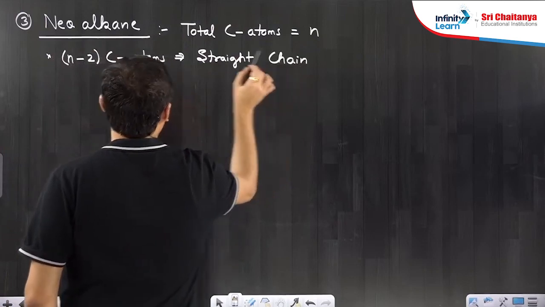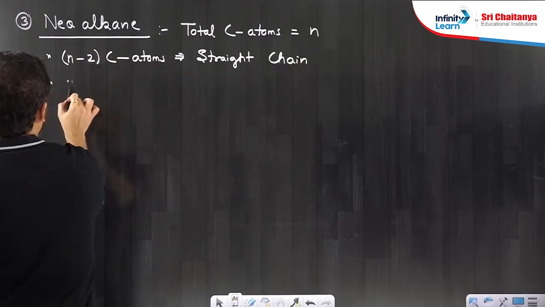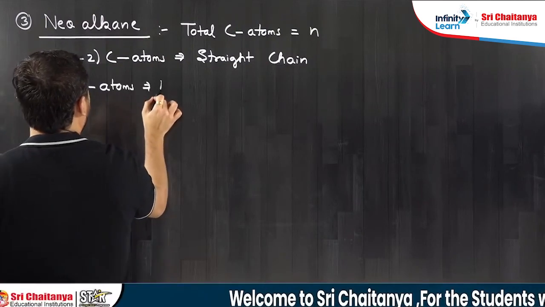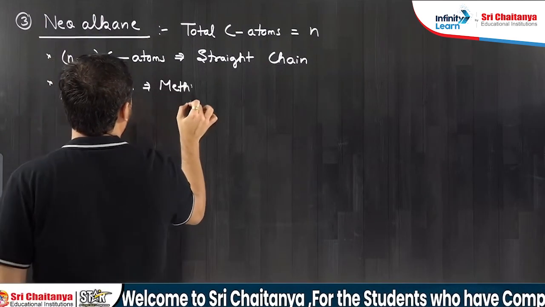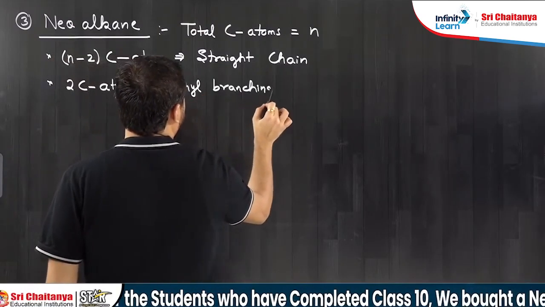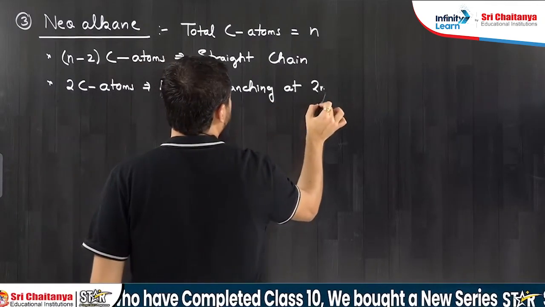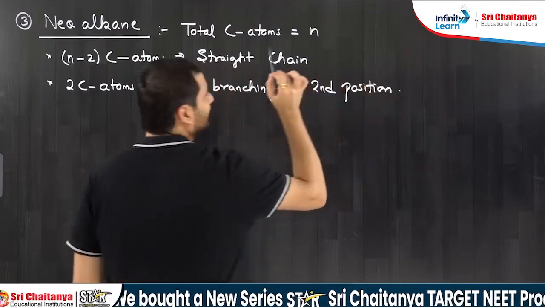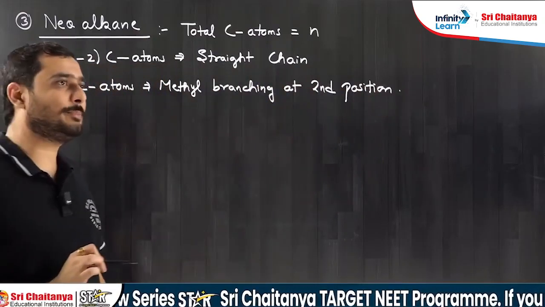And how many carbon atoms are left? 2 carbon atoms. So these 2 carbon atoms are methyl branching at the second position. Now at the second position, how many methyl groups are present? 2 methyl groups are present.